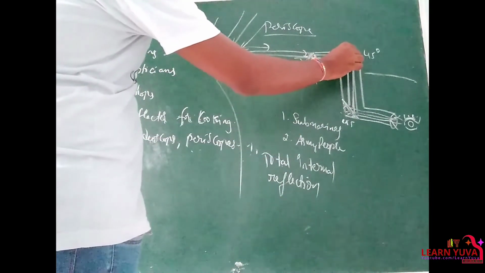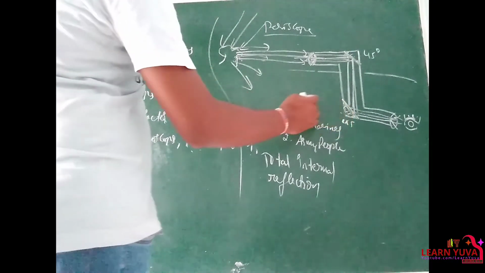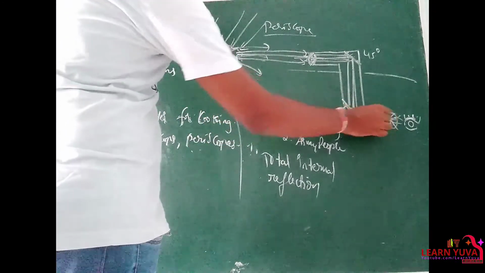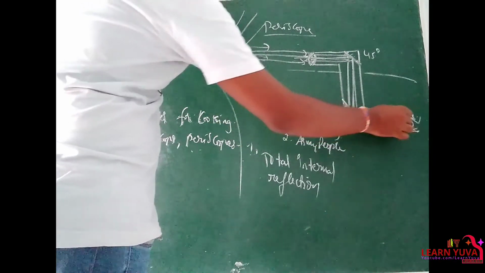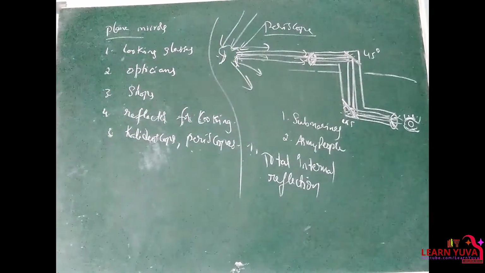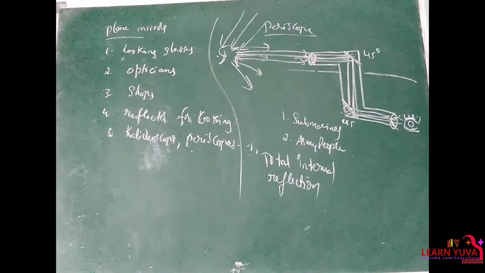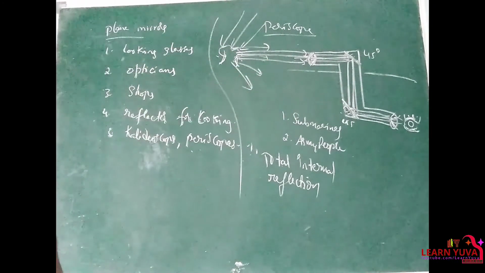So the light rays from the first plane mirror fall on the second plane mirror, and the second plane mirror reflects those rays in this direction. So you are here and you are observing from this position, so that you can see this object clearly, right? So in this way you can see the objects by hiding at some places.